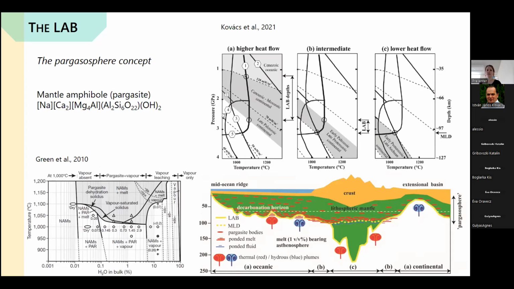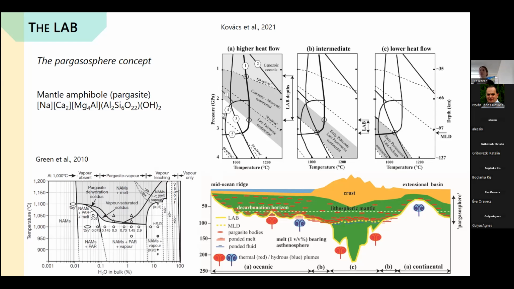And we also need to mention the paradoxosphere concept, which was very recently developed by our group, again led by István, but it's based on the earlier theories of Dave Green, who emphasized the role of pargasite, which is an amphibole in the mantle. Although it is present in a low modal abundance, it has a significance because it contains water in its chemical formula, as opposed to the other mantle modal minerals, which are nominally anhydrous.